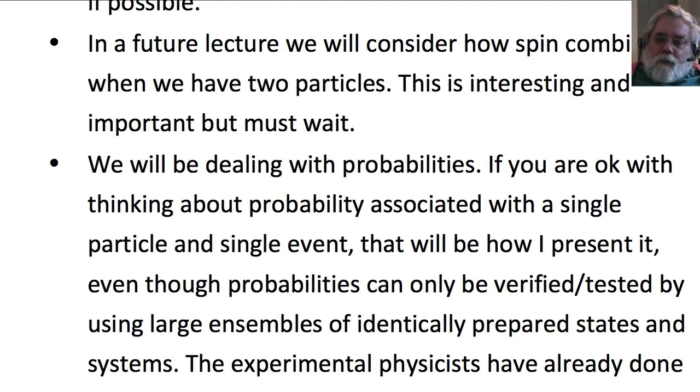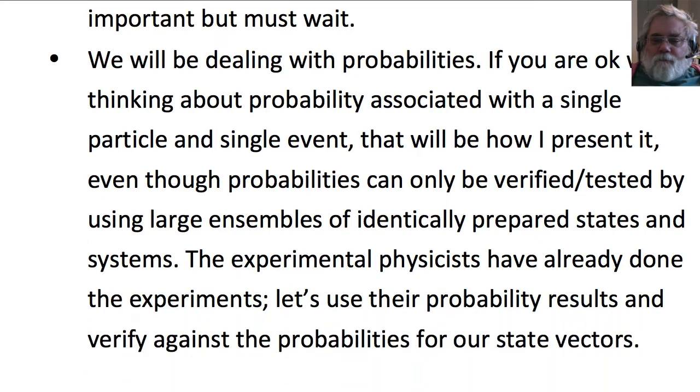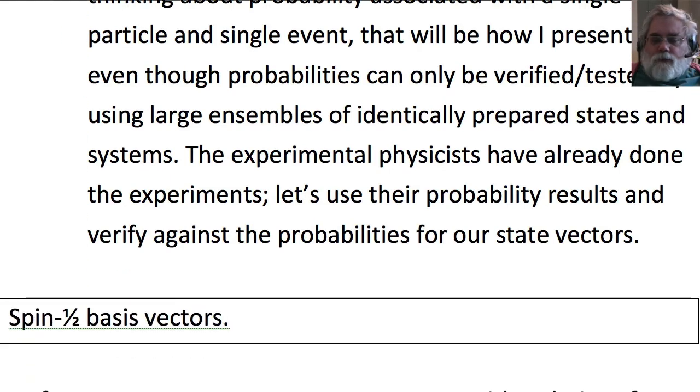Even though probabilities can only be verified or tested by using large ensembles of identically prepared states and systems. But the experimental physicists have already done these experiments. We want to use their probability results and verify against our probability results for our state vectors to be sure that we understand spin 1/2 state vectors.